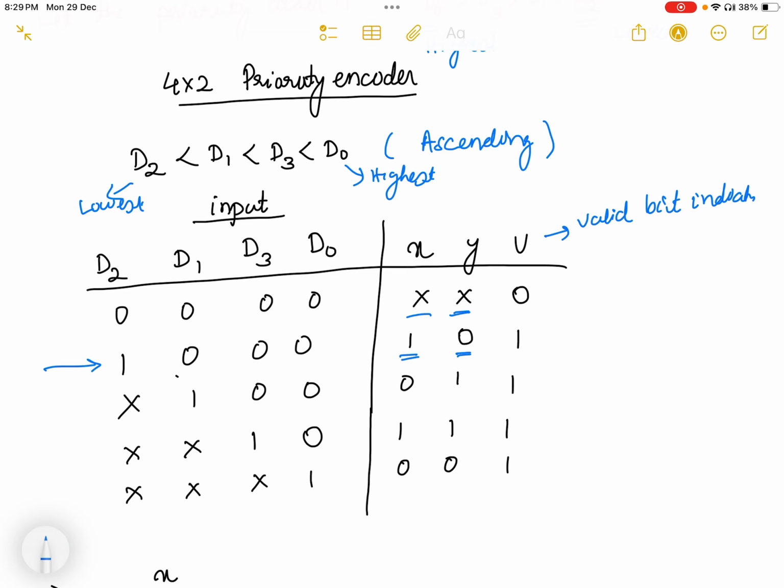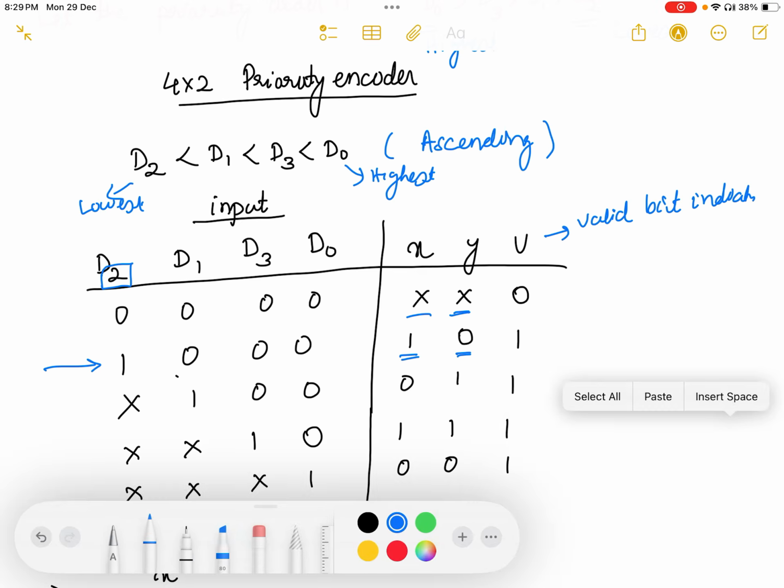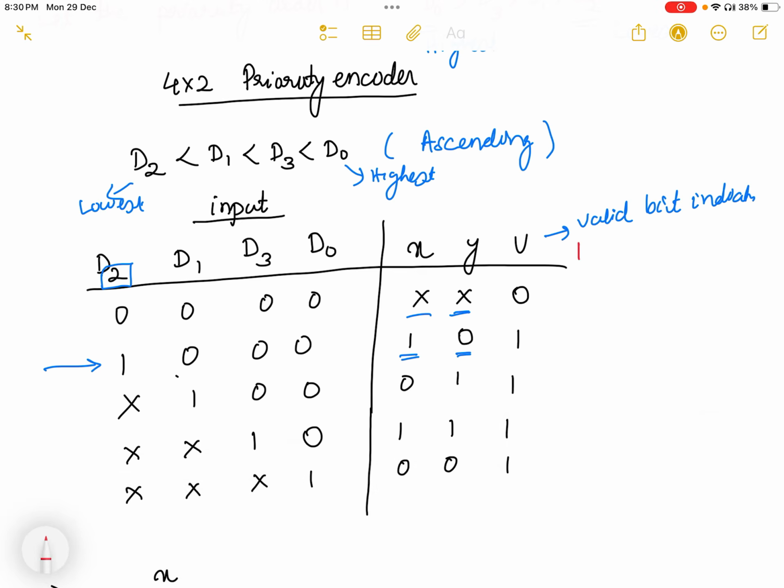So you can see that I am taking D2 here. The output is giving X equal to 1, Y equal to 0. If you say that this 1 0 represents a decimal value, the corresponding decimal value is 2. As D2 equal to 1, I am getting at the output 1 0, which represents the decimal equivalent 2.